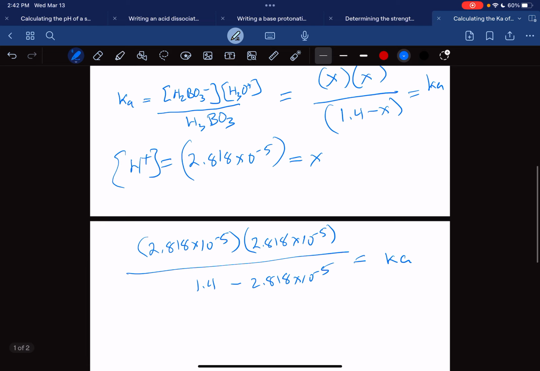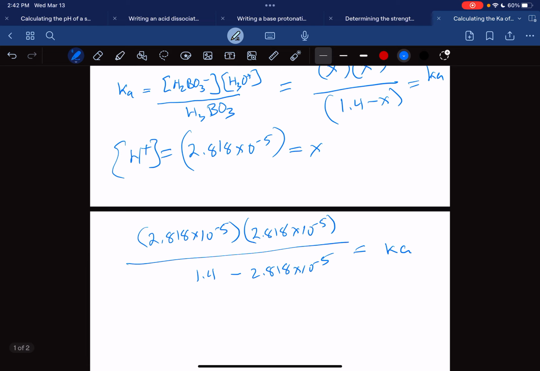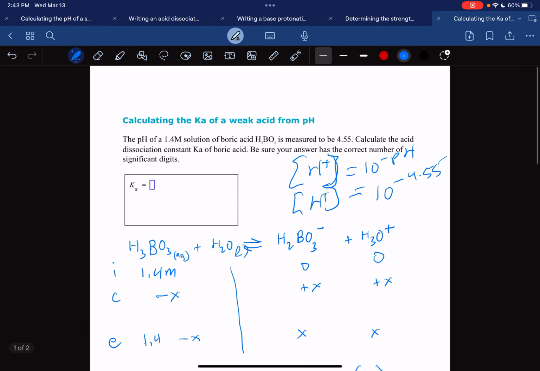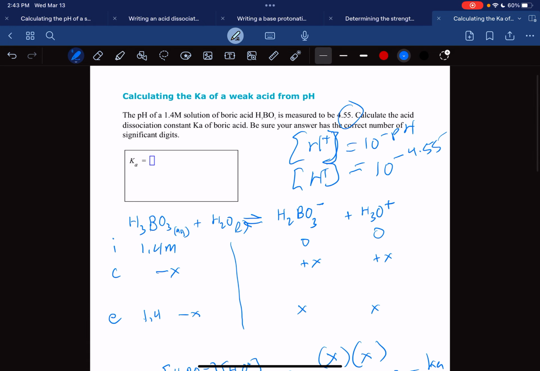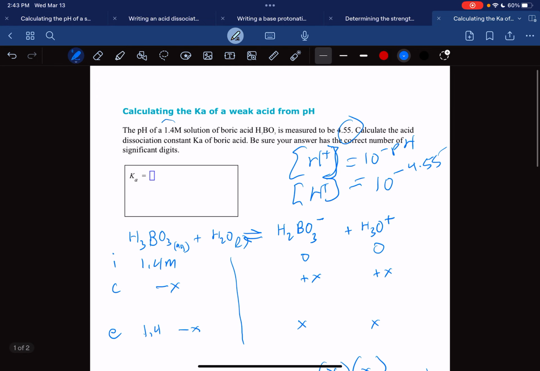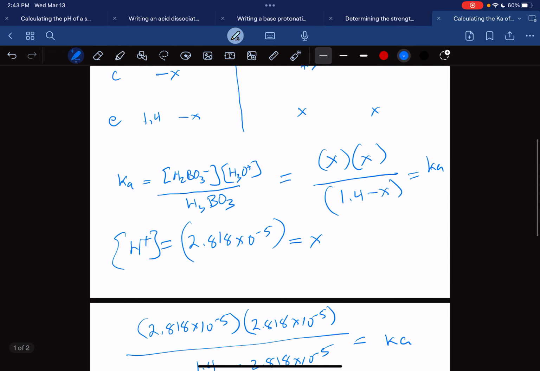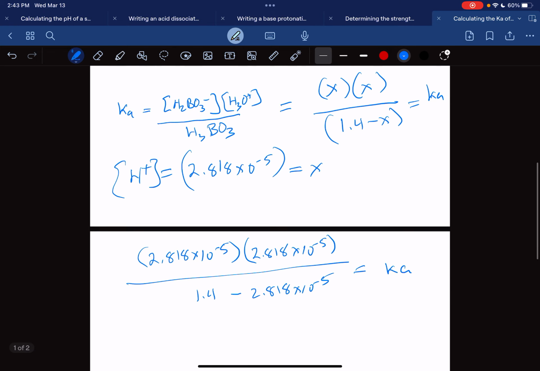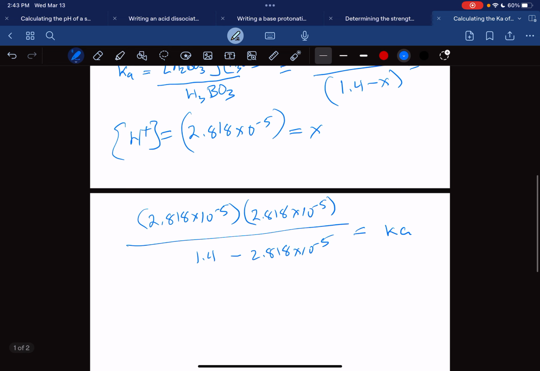Now, really quickly here, this 1.4, when they gave us the problem, they gave us it with two significant figures. When we plug the numbers in, we're going to end up with a Ka value of 5.672 times 10 to the negative 10.